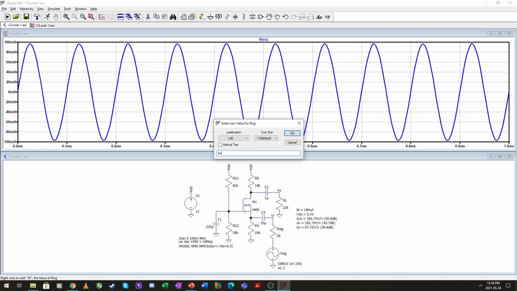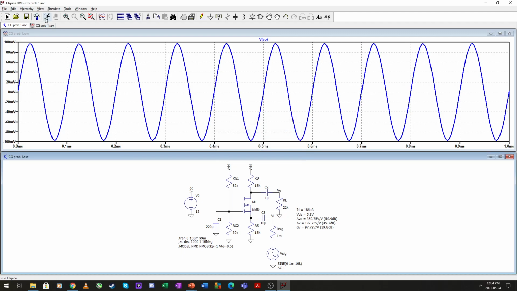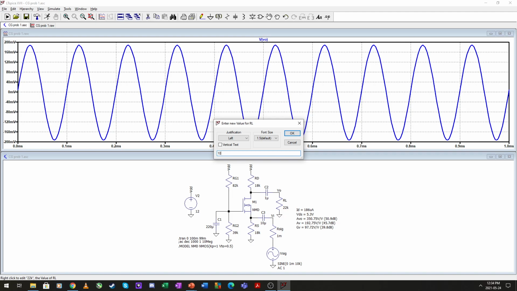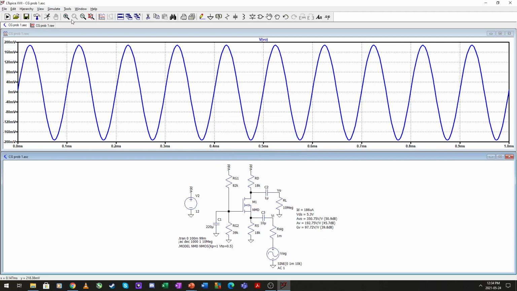So if we make this 1 milliohm at the source, this should double, okay, almost 200. And if we make this a very large resistor, let's say 10 meg, it should go to around about 360 and 350, because we had to choose standard components.